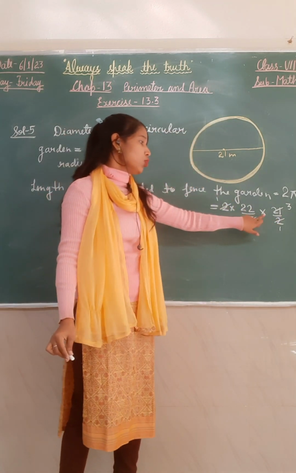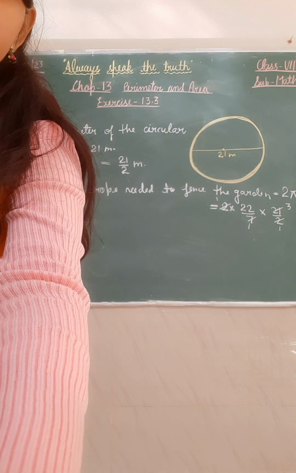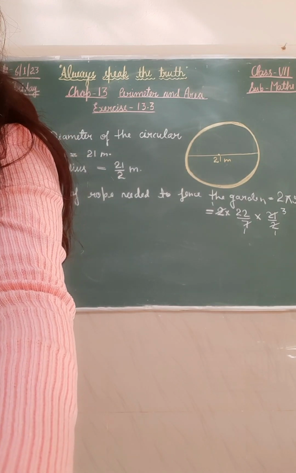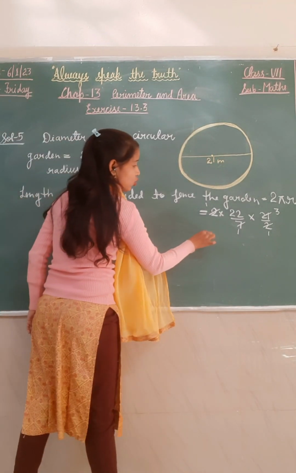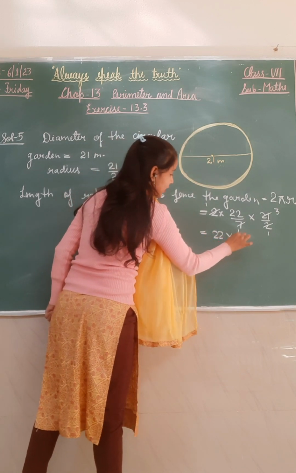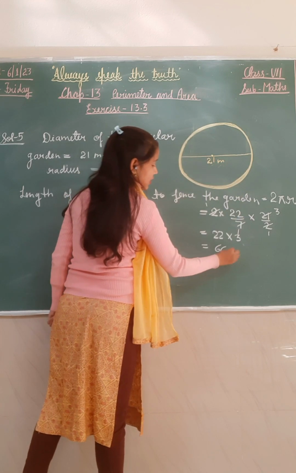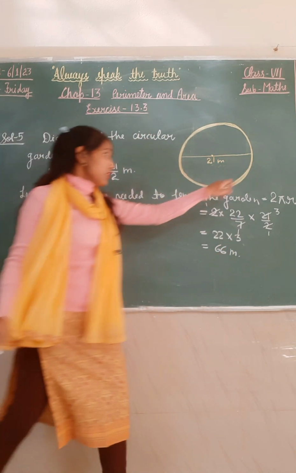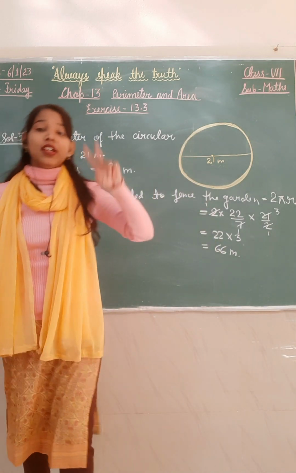That means 22 multiplied by 3. Board is visible? I think it's visible now, right? So it is 22 multiplied by 3, so it will be 66 meter. So the perimeter of the circle is 66 meter.